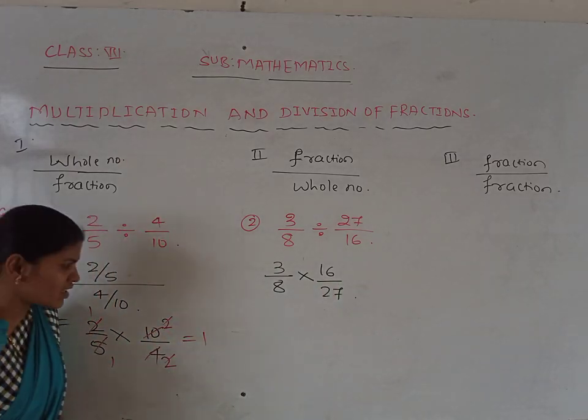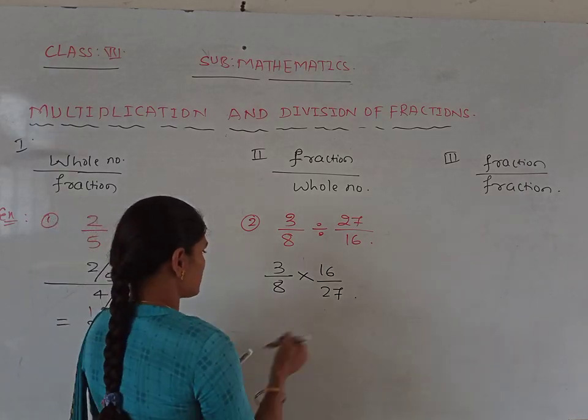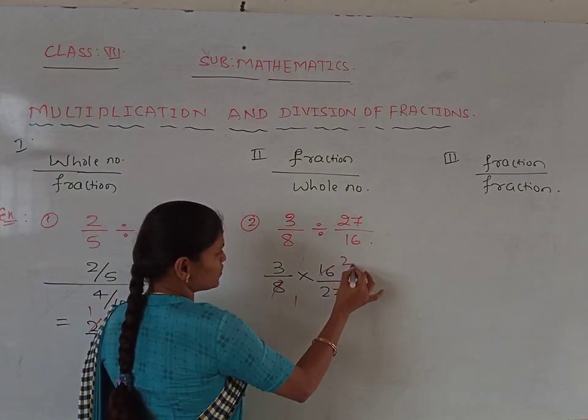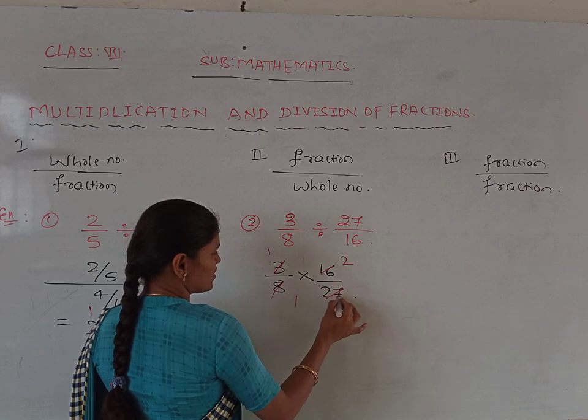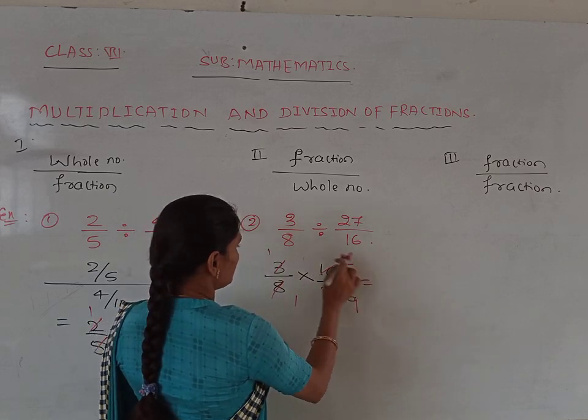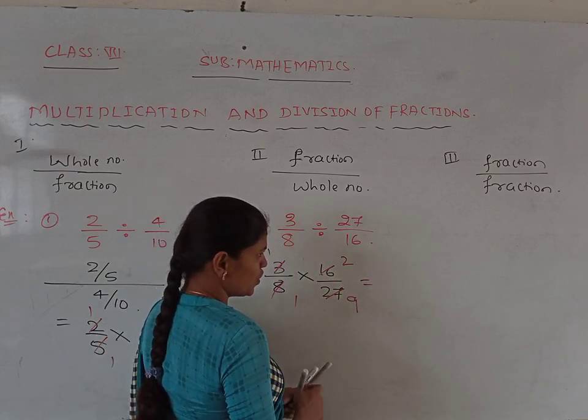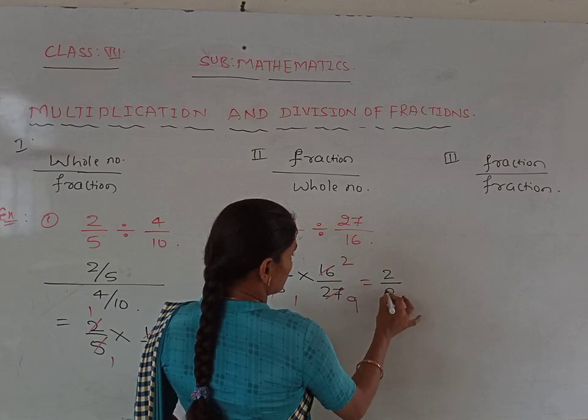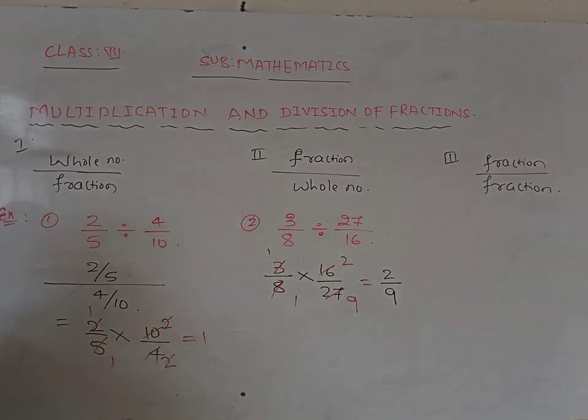Any common factor? Yes, 8 ones are 8, 8 twos are 16, 3 ones are 3, 3 nines are 27. 2 into 1 is 2, 9 into 1 is 9. So the answer is 2 by 9.